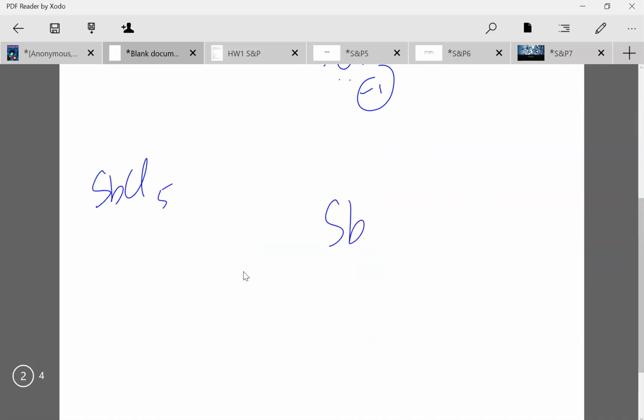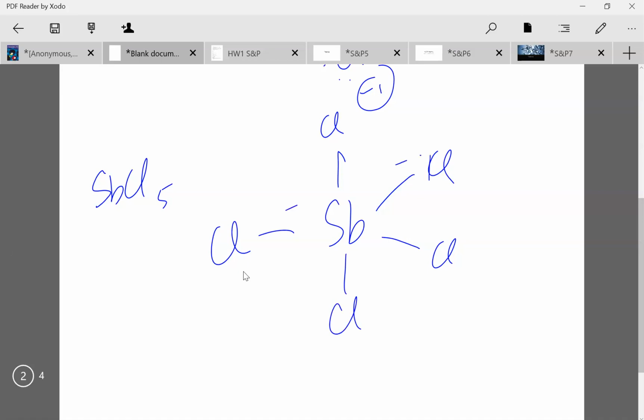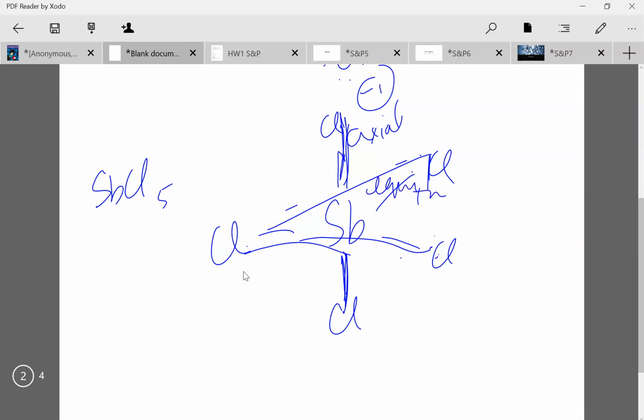SbCl5. The structure basically looks like this, where you have three bonds called the equatorial bonds because they're lying on a flat plane, and we have axial bonds that are sticking up vertically out of the plane. So these are called axial bonds. And the equatorial plane is over here, right?